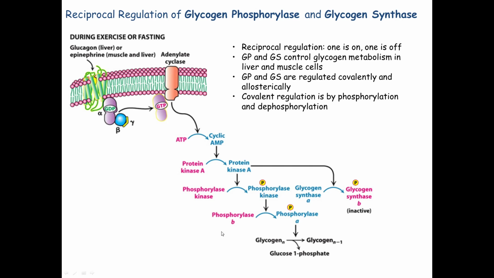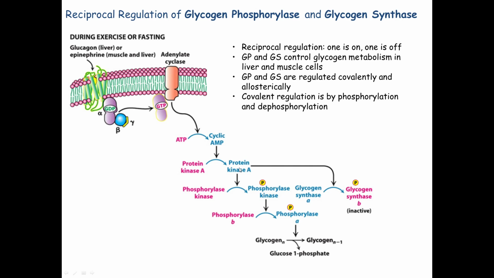One of them we already talked about: phosphorylase kinase becomes an active phosphorylase kinase, which then does what kinases do, phosphorylates glycogen phosphorylase to become the A form, or more active, glycogen phosphorylase A, which then degrades glycogen. Okay, we did that already.